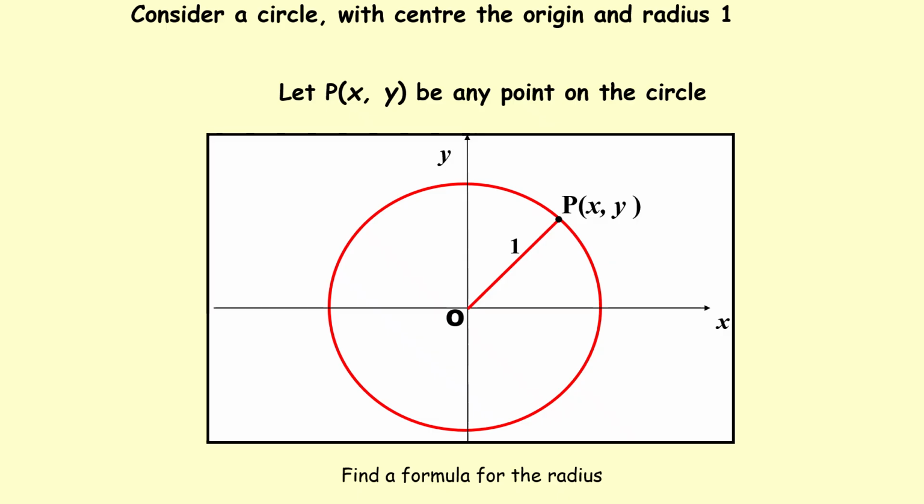This circle you can see has a radius of 1 and there's a point P, where the x-coordinate we're calling x and the y-coordinate we're calling y. Using these, we are going to form a formula for the radius of the circle.